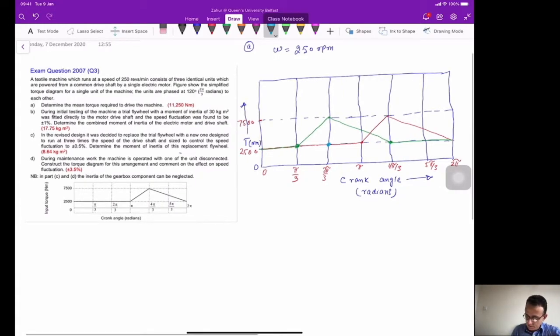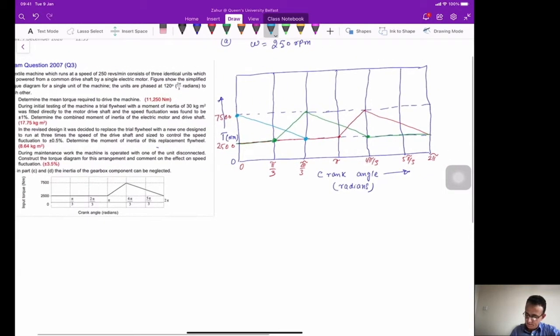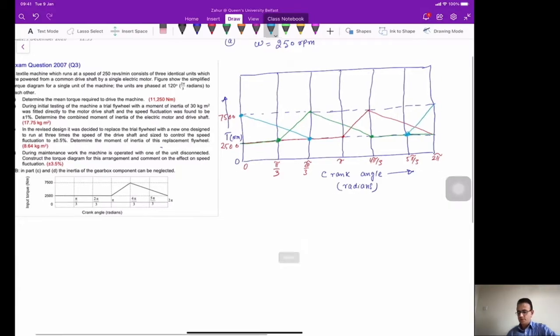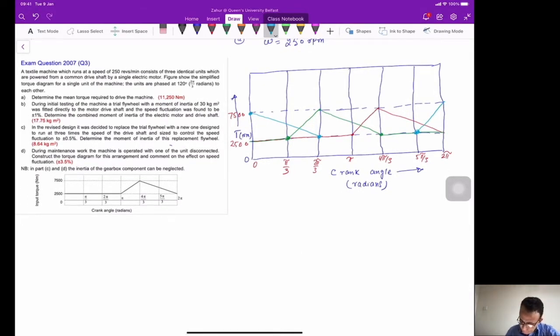It will go to 7500 here, and then it should go to this point here. Then it's 0 from here, and 2500 from here to here. So this is the torque diagram for the three units.